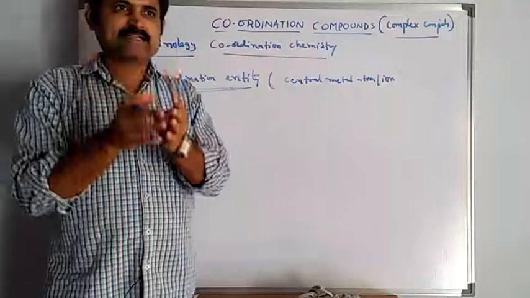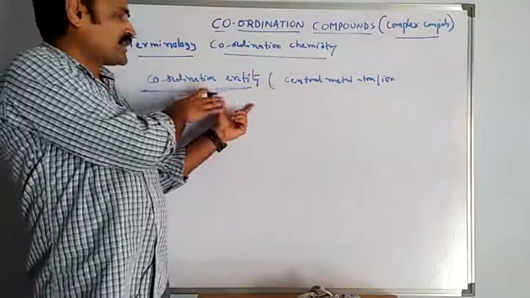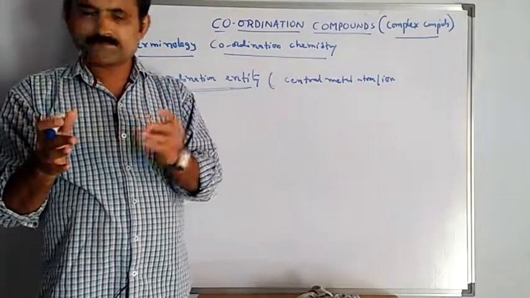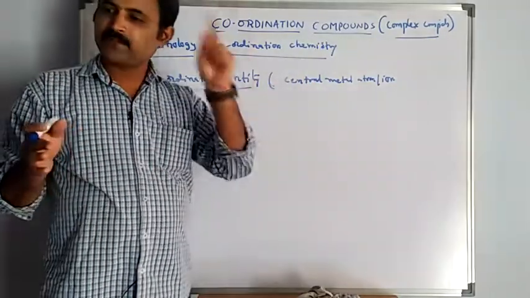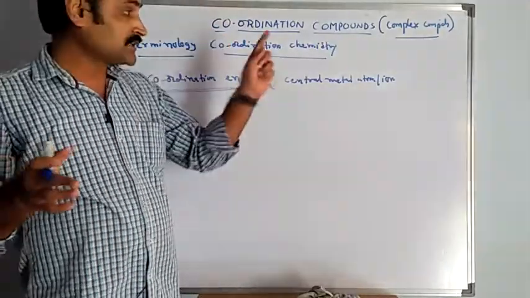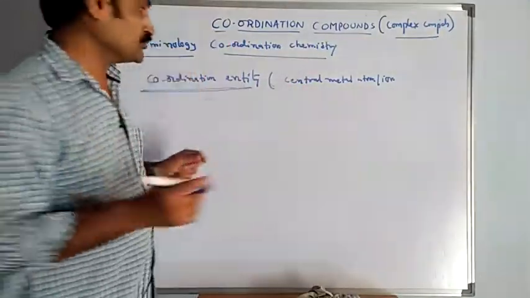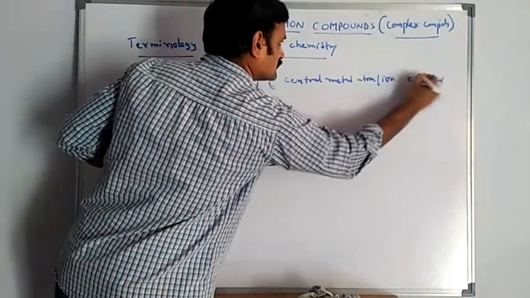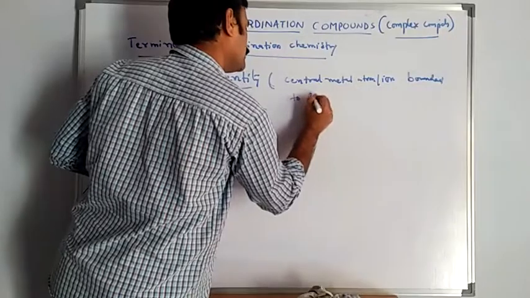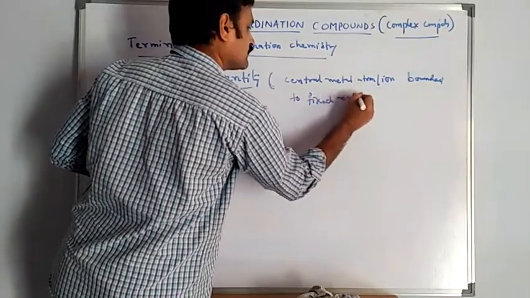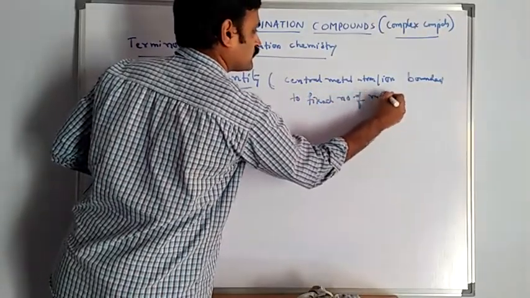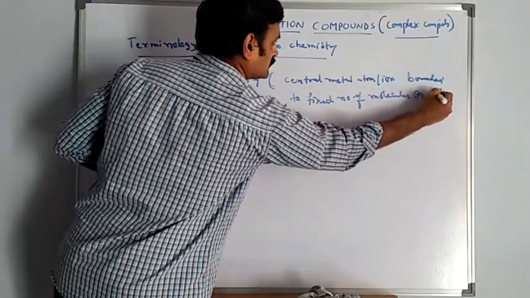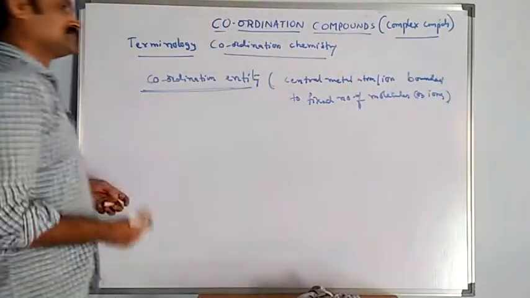So inside the square bracket, the coordination entity, that is what we are talking about. In that, a central metal atom or ion is there, that is bound to a fixed number of molecules or ions.